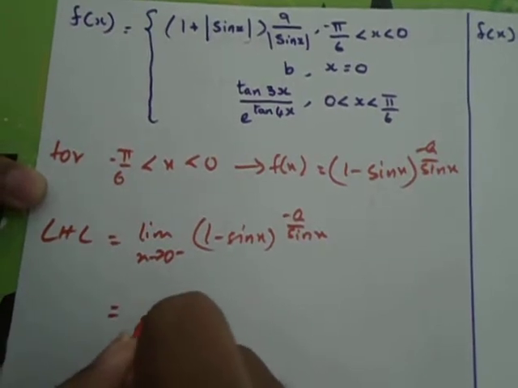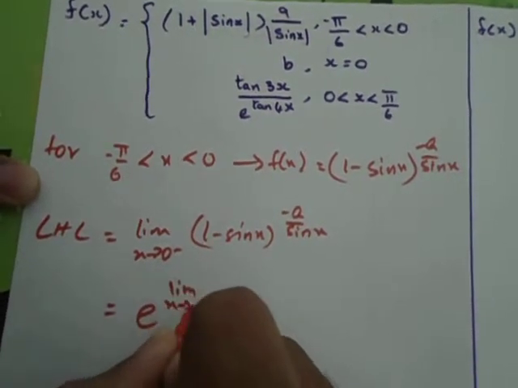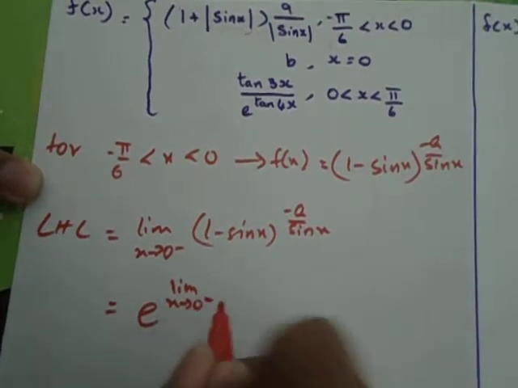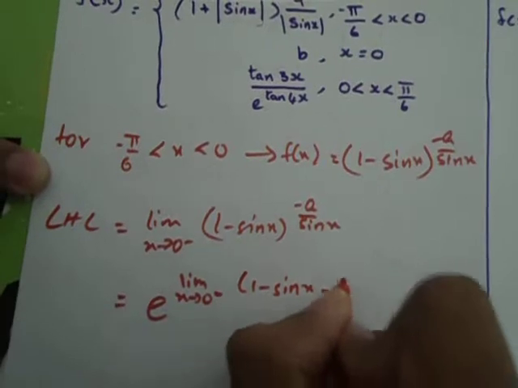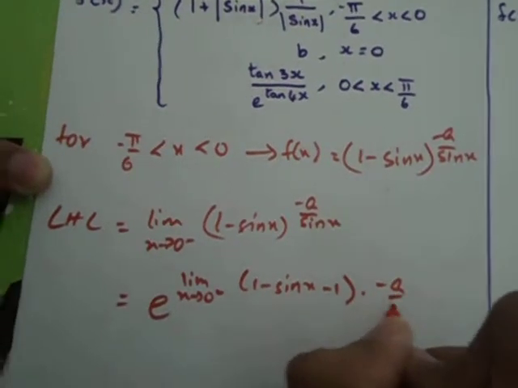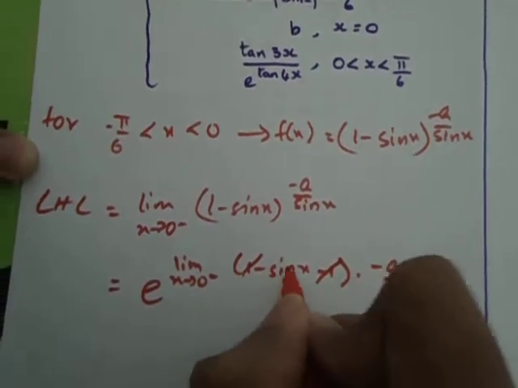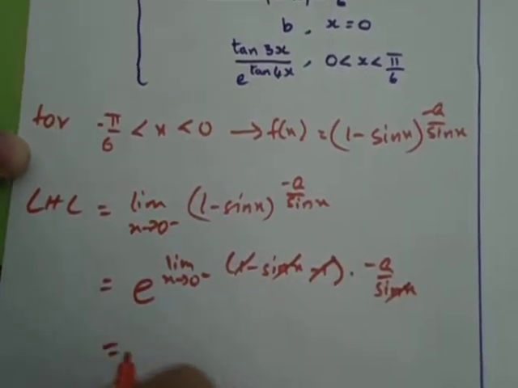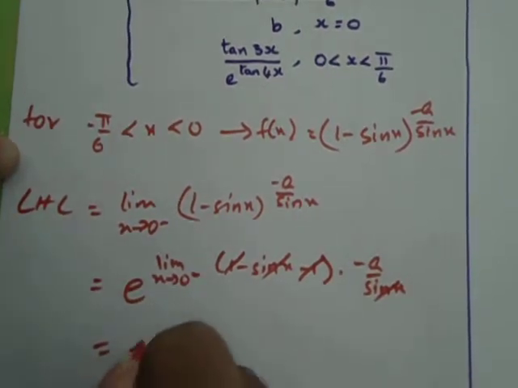So this can be rewritten as e power limit x tends to 0 minus 1 minus sin x minus 1 into minus a by sin x. 1 and 1 gets cancelled and sin x gets cancelled, so we get e power a constant, so e power a.